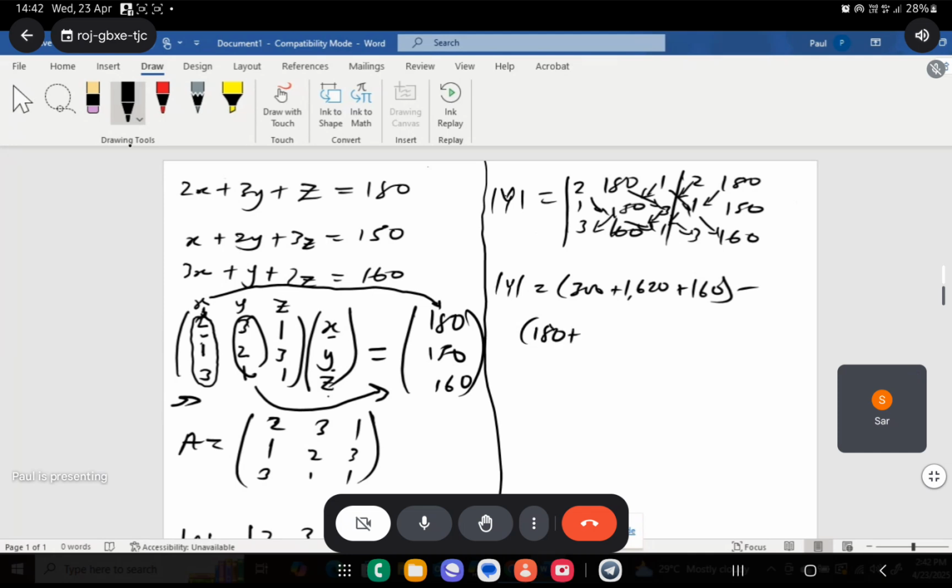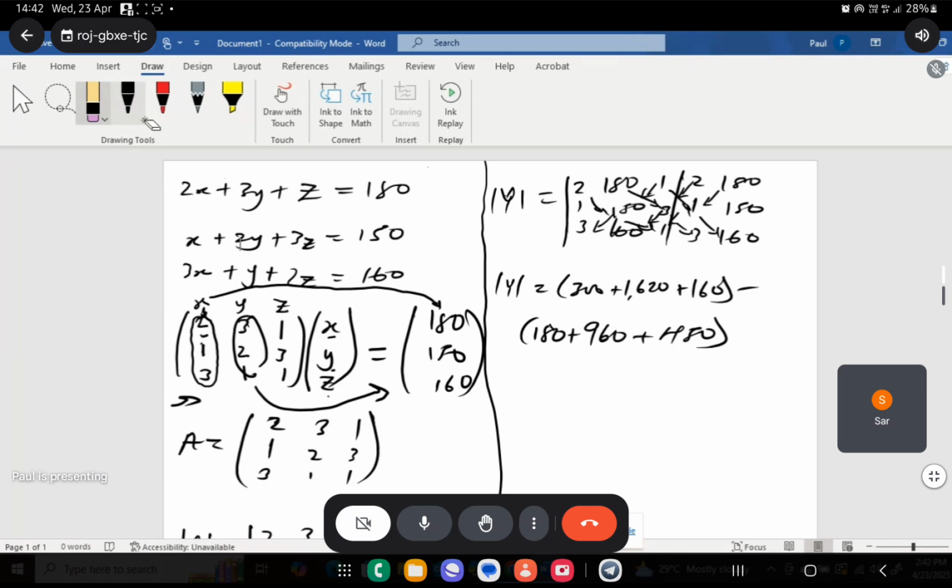The second one will be 2 times 3 times 160, which is 960. Then the last one will be 1 times 150 times 3, which is 450. This is how you go.